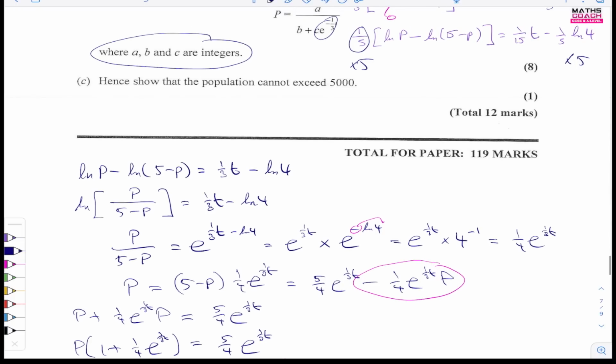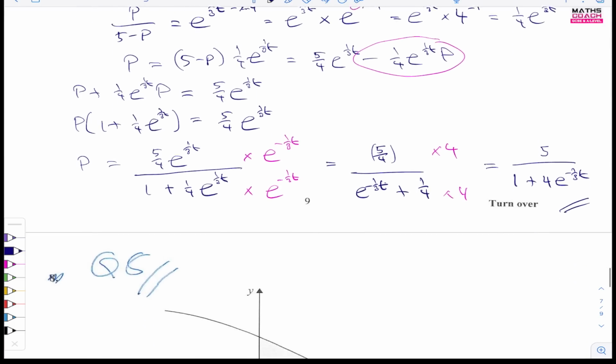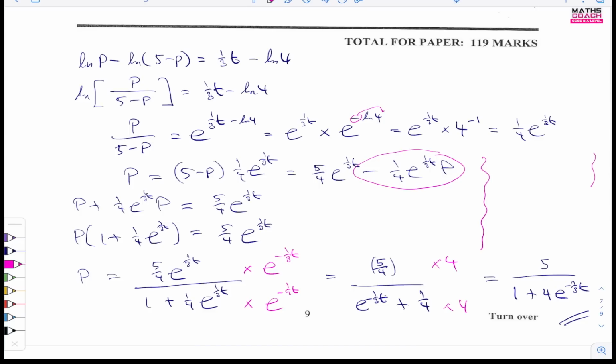Hence, show that the population never exceeds 5,000. Just do it in that little space here. As t goes to infinity, e to the minus t goes towards 1 over infinity, which is 0. So the negative power of t, the exponential part, goes to 0. So e to the minus 1/3 of t tends towards 0.